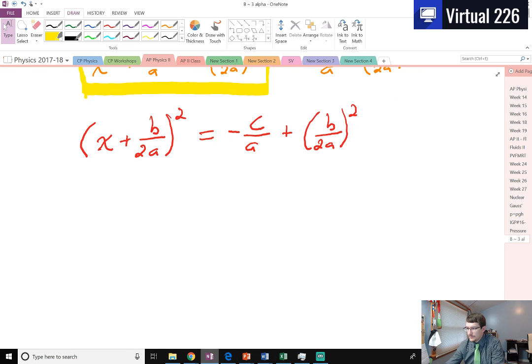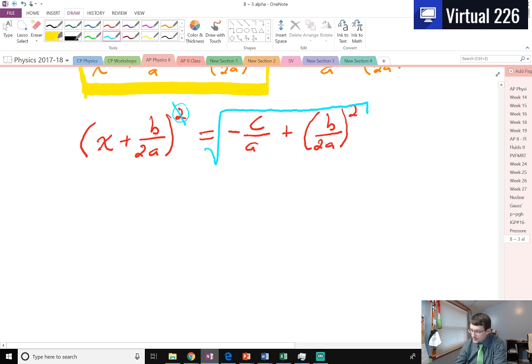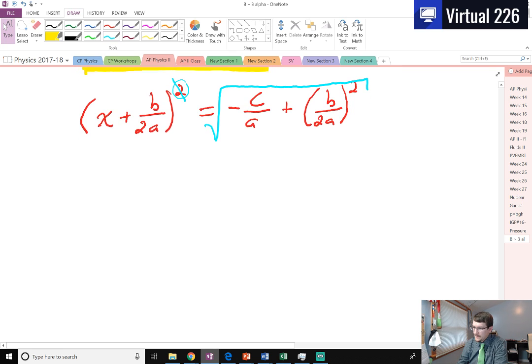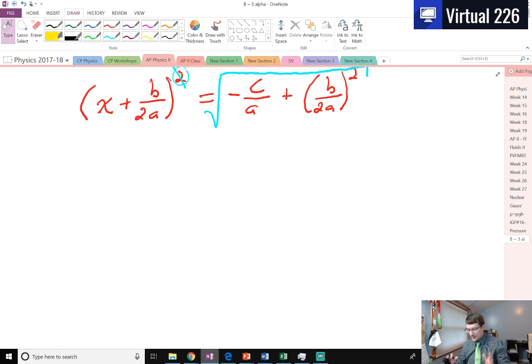So now what we can do is start playing around with this a little bit. If I want to get rid of this square here, I can take the square root of both sides. When I take the square root of the left, it gets rid of that. When I take the square root of the right, then I get this big old square root. And if we think back to what we know about square roots, when I take the square root of a number, I technically get two answers, a positive and a negative answer.